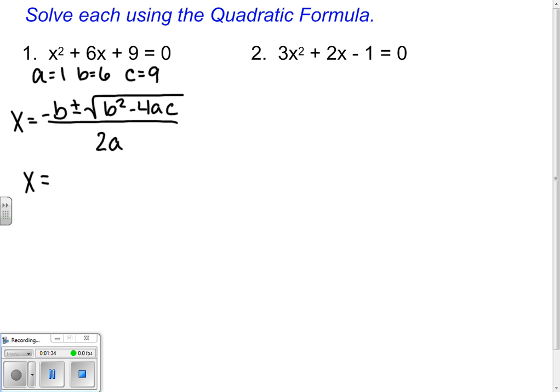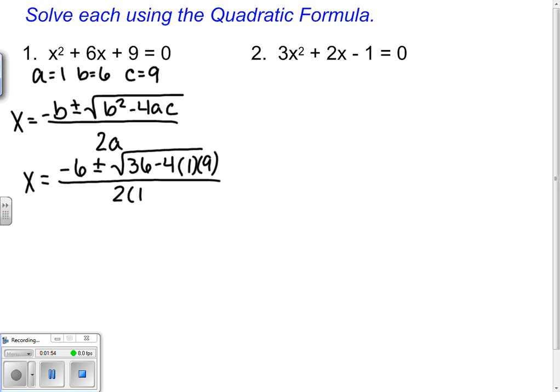So I'm just going to start substituting. I get negative 6 plus or minus the square root of, and I do the b squared part by myself without filling it in. 6 squared is 36, minus 4 times 1 times 9, all over 2 times 1, which is a.